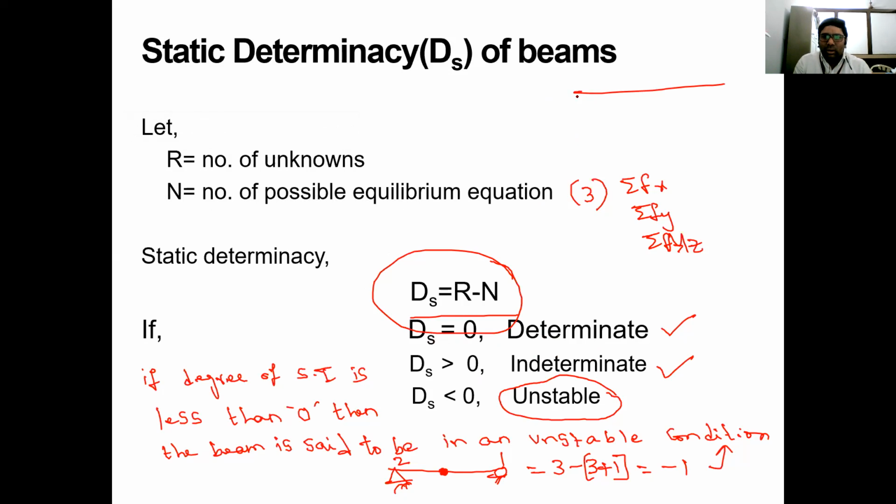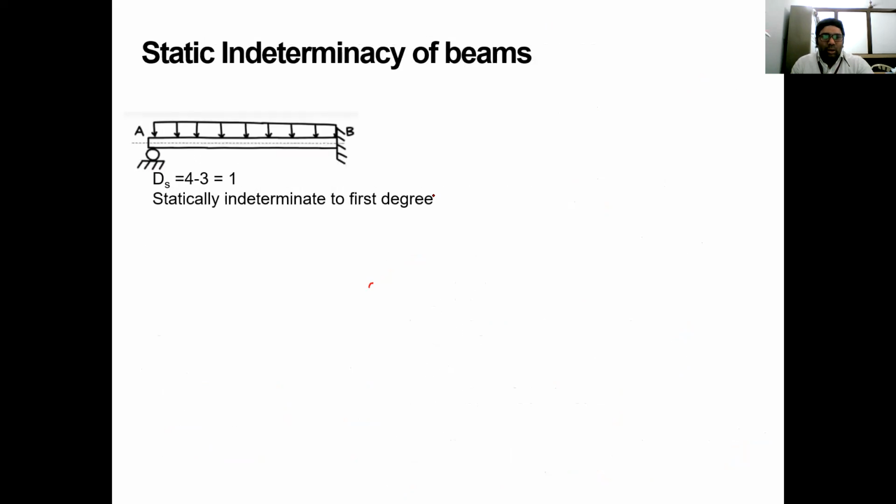So if I have a beam with only pinned and roller without an internal hinge, this is a stable support. So any case other than less than 0 is stable. That means if Ds is equal to 0 or greater than 0, then it is stable. It's as simple as that. So that's how we consider the stability and instability of the beam.